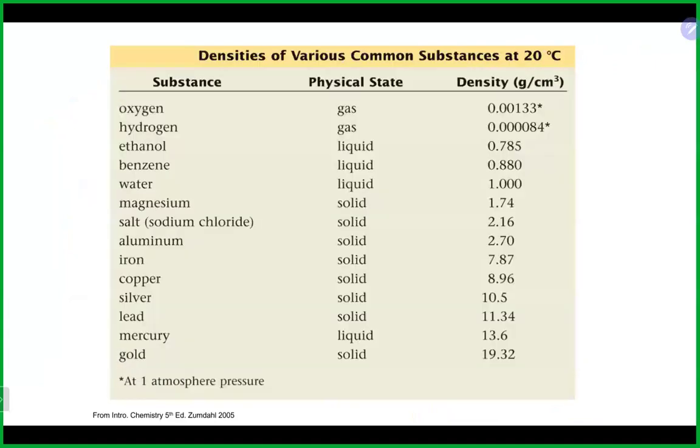All right, so here again is density of some common objects. As I mentioned before, liquid water is 1 gram per milliliter, which is a common value that you use. I think we talked about it last time, but again, water is an unusual substance in that its solid version is actually less dense than its liquid version.